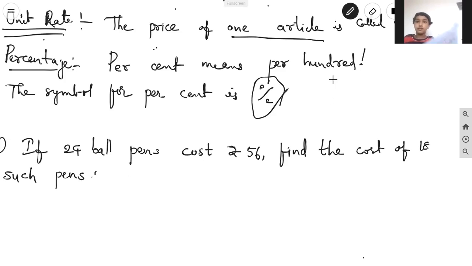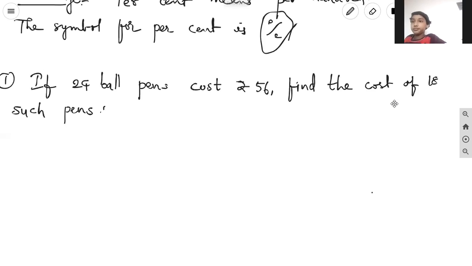Here we are taking one problem, how to find out the unit rate. The question is, if 24 ball pens cost 56 rupees, find the cost of 18 such pens.